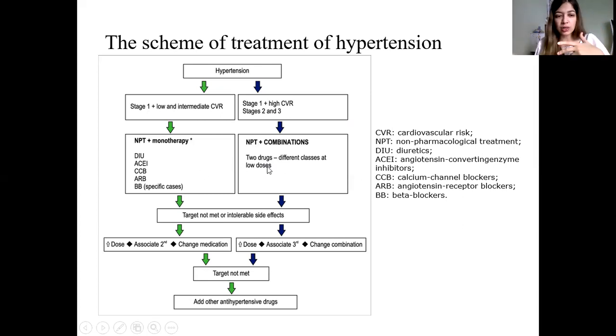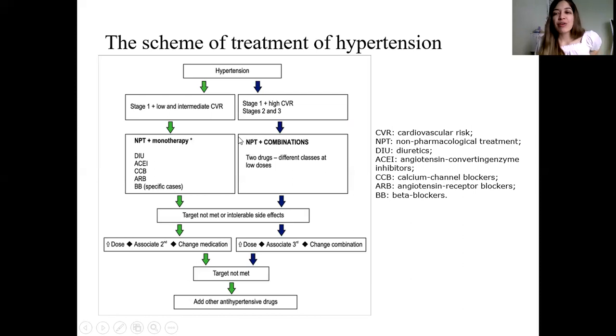so if these tactics do not work, what can we do? In the first class, we can increase the dose or associate a second drug, or we can change the drug. In the second, we also increase the dose or associate a third drug or change the combination. And again, if the target is not met, we add one more anti-hypertensive drug.